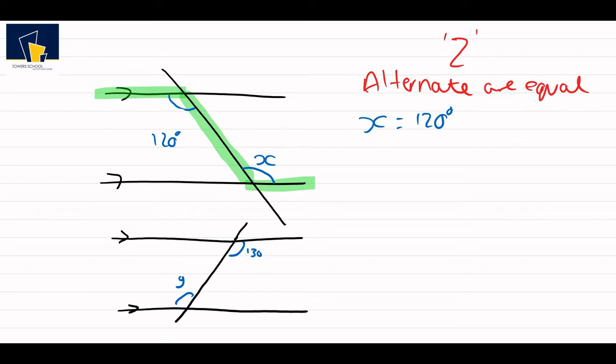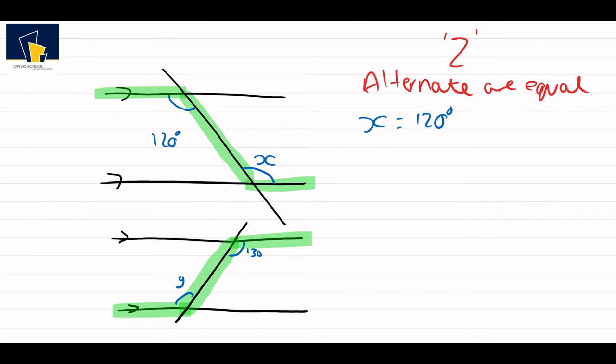Now, to work out which type of angle it's going to be, all you need to do is highlight the lines that create the two angles you're given. So what I mean by this is to make this a 130 degree angle, I have to use that line there, and it's also created by this line here. Now, to make y, I've already got one of them, and the other angle line that makes it is that one there. So you can see here that I've created a Z shape.